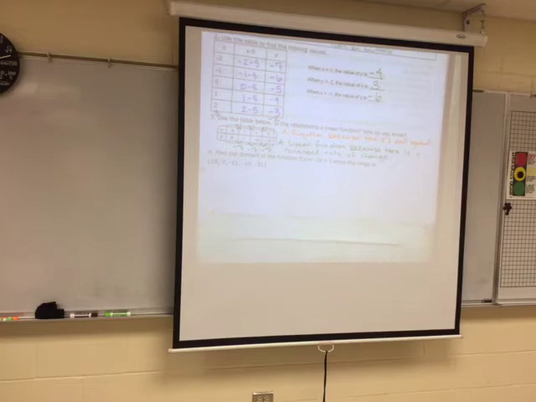All right, number 4 says find the domain values of the function f of x is equal to negative 2x plus 5 when the range is 19, 7, negative 11, negative 15, and negative 31. All right.